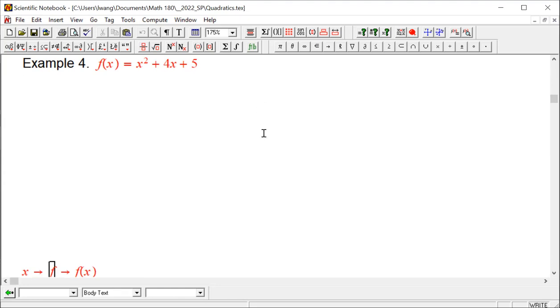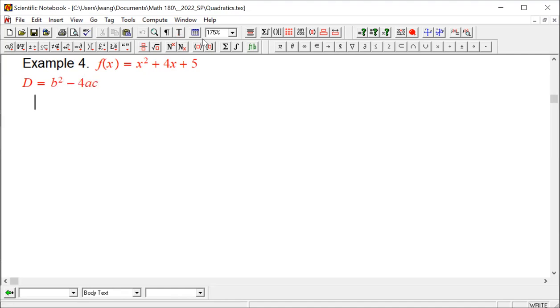And I'm going to solve some inequalities, like greater than 0, less than 0, and so on. To determine how many x-intercepts I will need, I will take the discriminant, which is b squared minus 4ac.